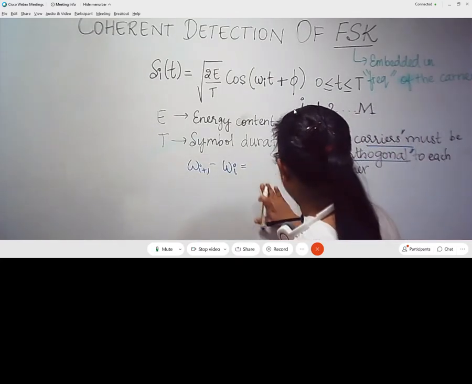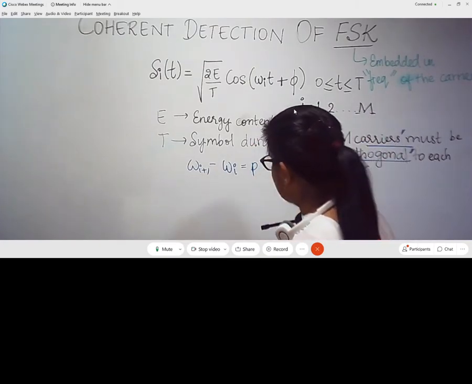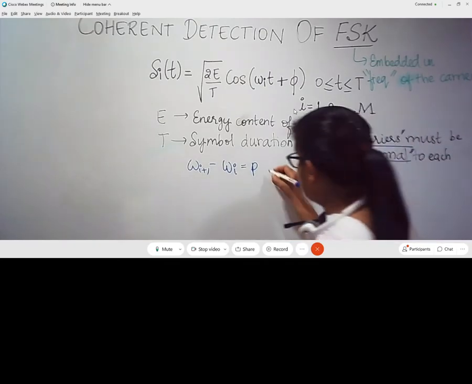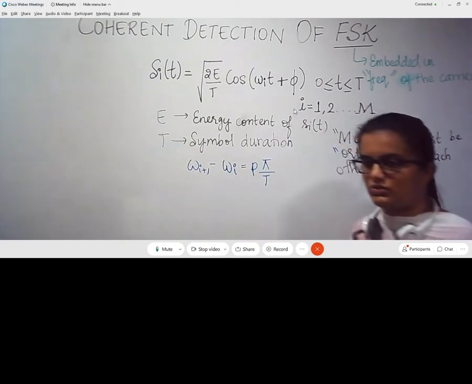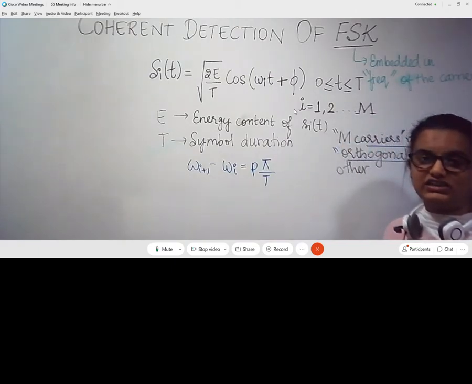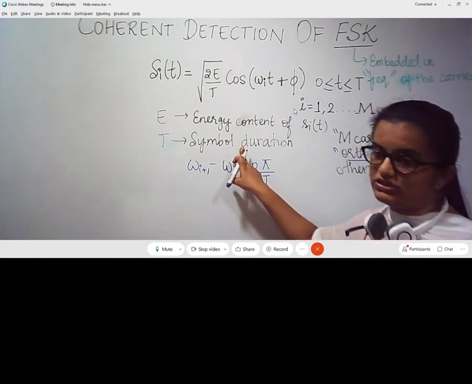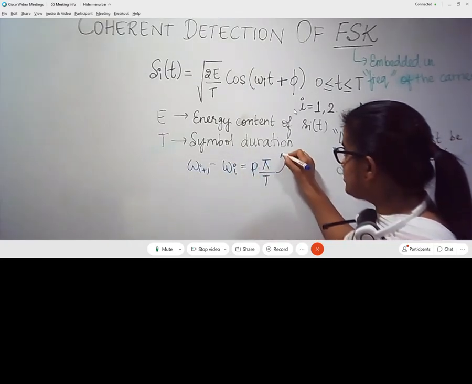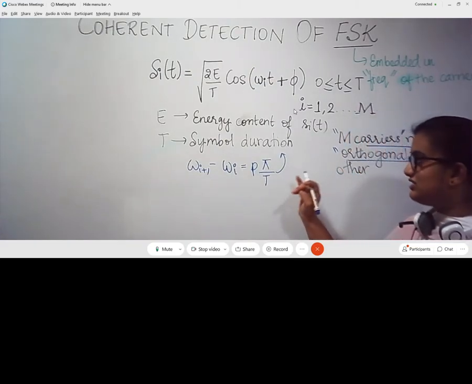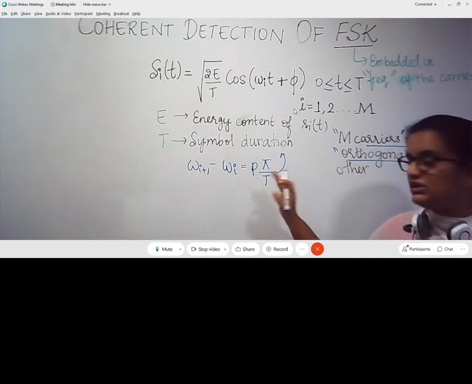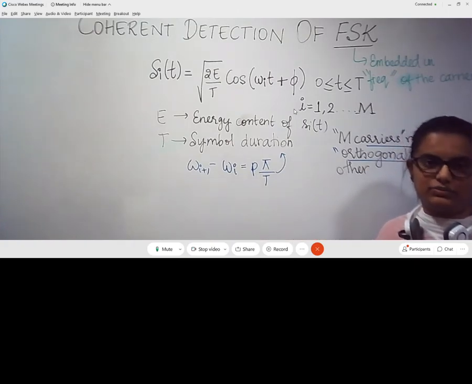where k is an integer. Don't confuse it with the number of bits per symbol. Let me write some integer called t. So it should be an integer multiple of pi by capital T, where T is the symbol duration. The choice of carrier frequency should follow this rule, an integer multiple of pi by symbol period.